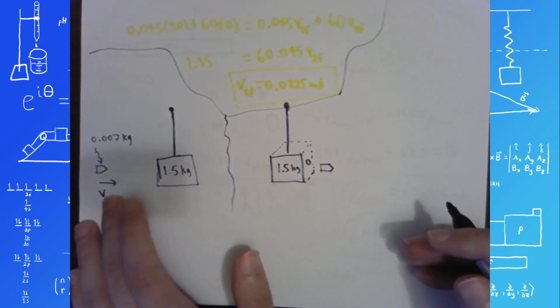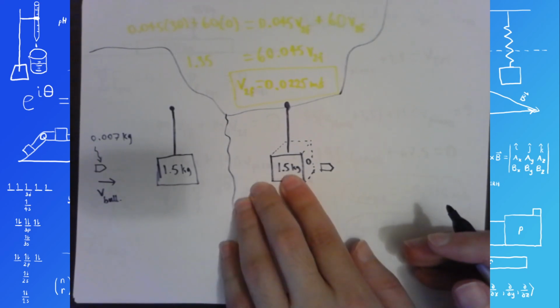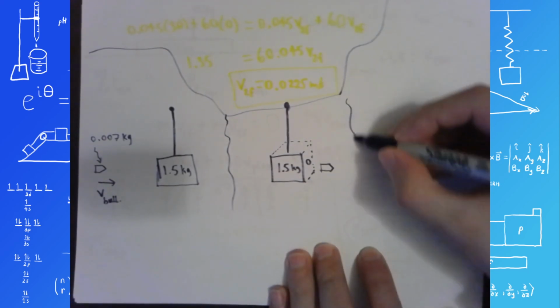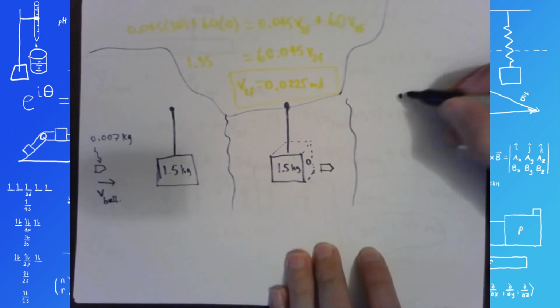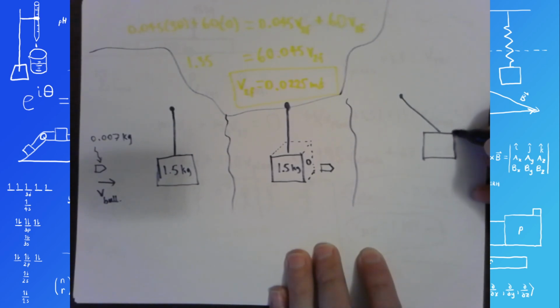So the bullet hits the block, the bullet exits, the block now has some sort of kinetic energy, and the block rises. And by this point the bullet is long gone.